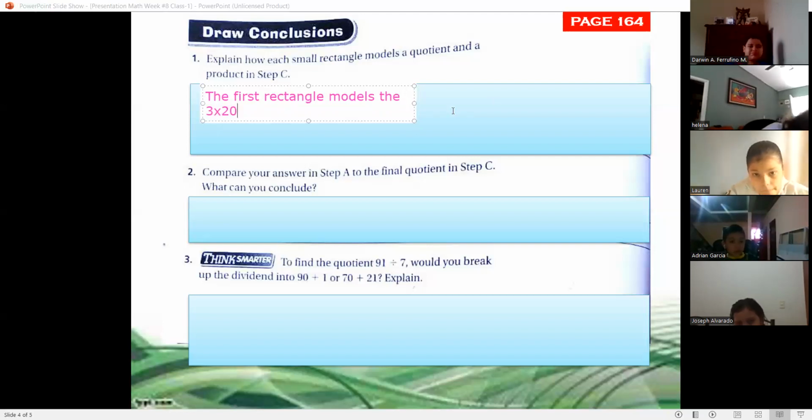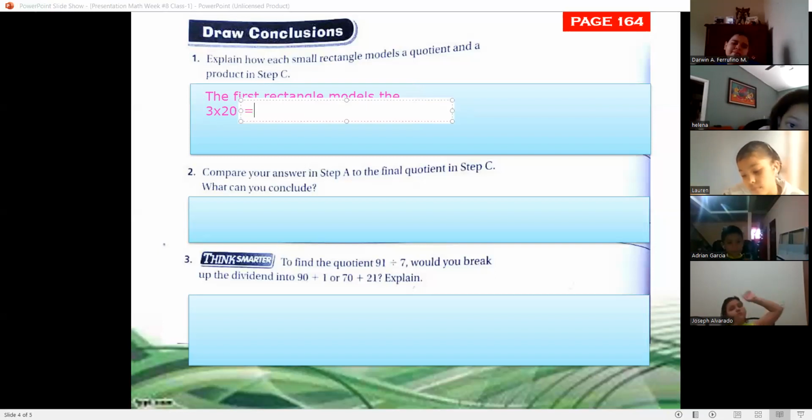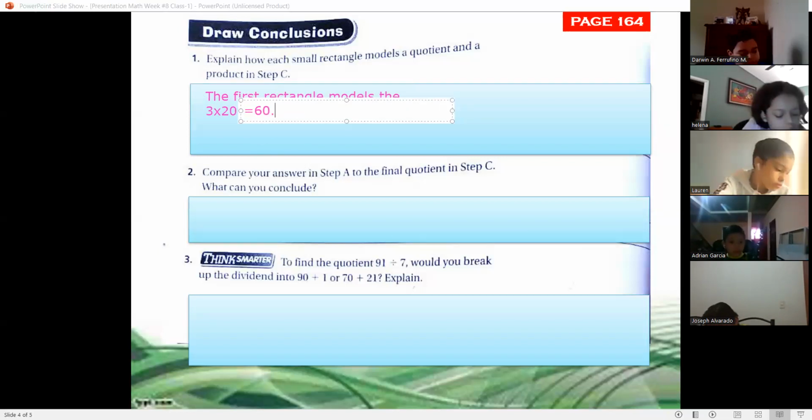Okay. 3 times 20, right? And this is equal to? 3 times 20 is equal to 60. Yes. So it means that we can model, also we can model divisions.